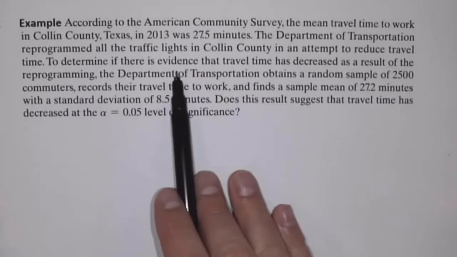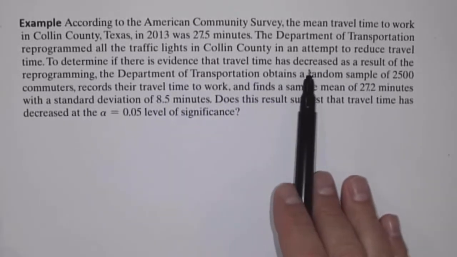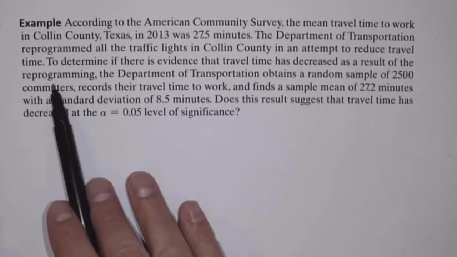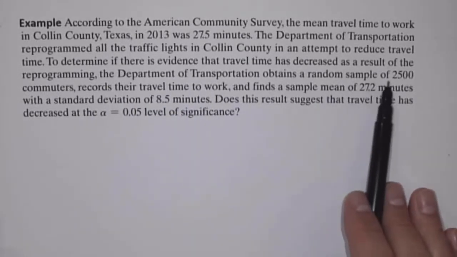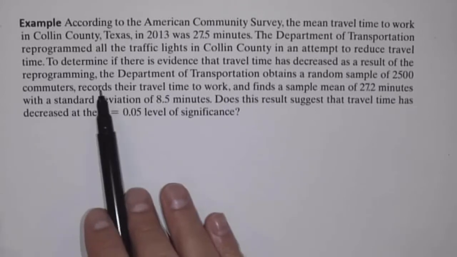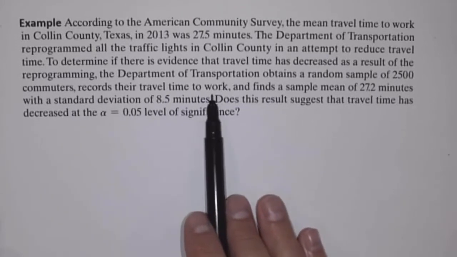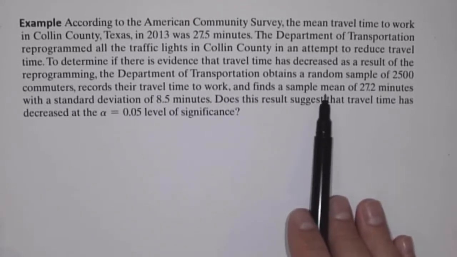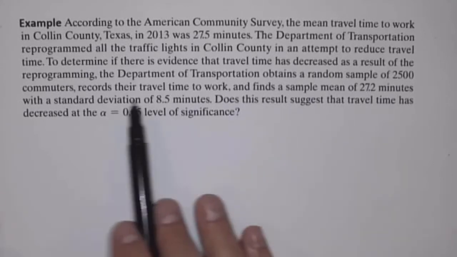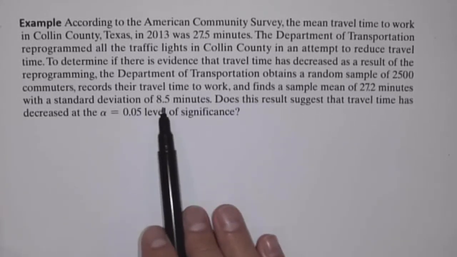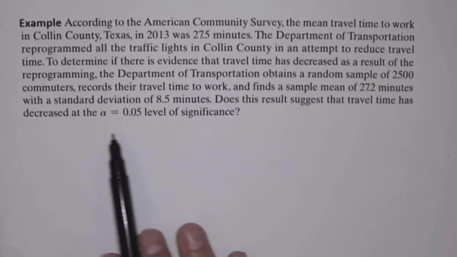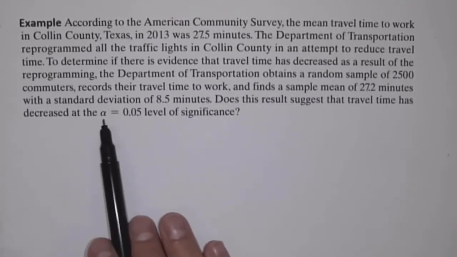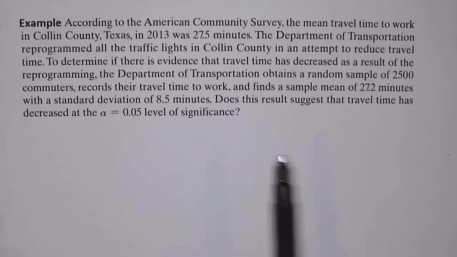To determine if there is evidence that travel time has decreased as a result of the reprogramming, the Department of Transportation obtains a random sample of 2,500 commuters, records their travel time to work, and finds a sample mean of 27.2 minutes with a standard deviation of 8.5 minutes. Does this result suggest that travel time has decreased at the alpha equals 0.05 level of significance?